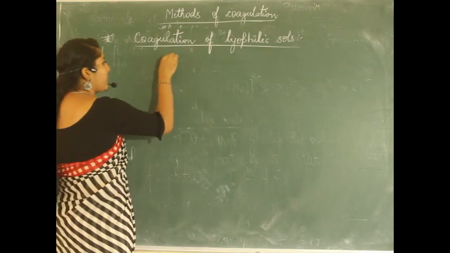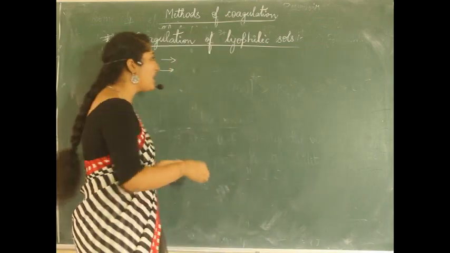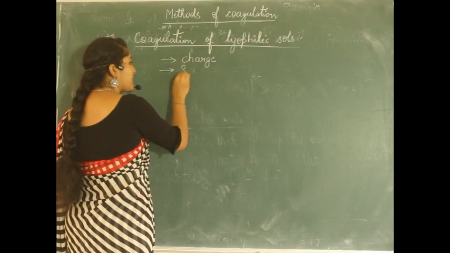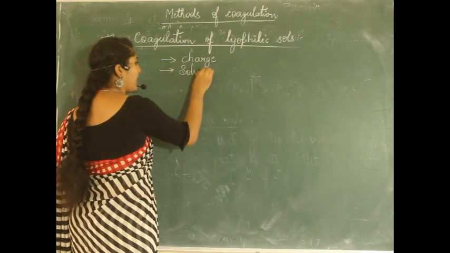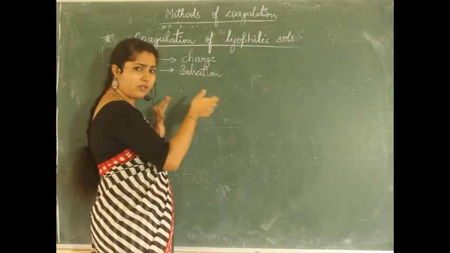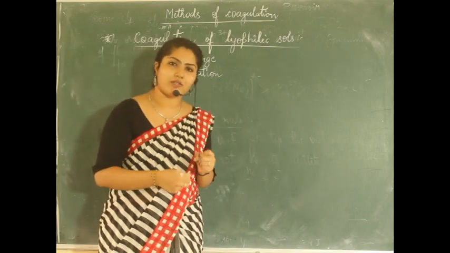First, if you have to decrease the stability, then you should know the reasons for the stability, right? One is charge. The other one is solvation. These two are actually its strong points, where it increases the stability of colloids. It's maintaining stability of colloids. So we want to cause coagulation. So what should we do?